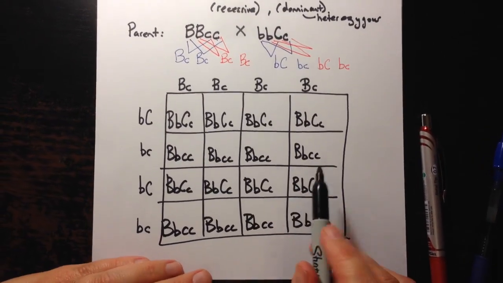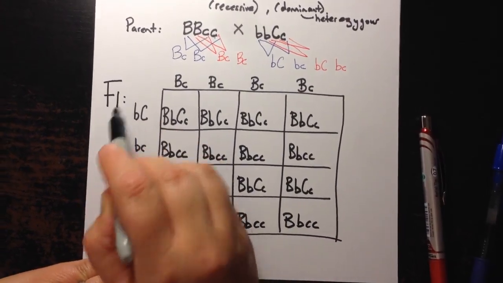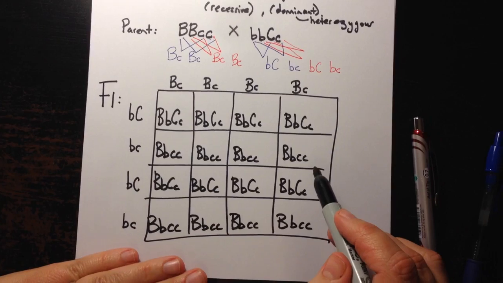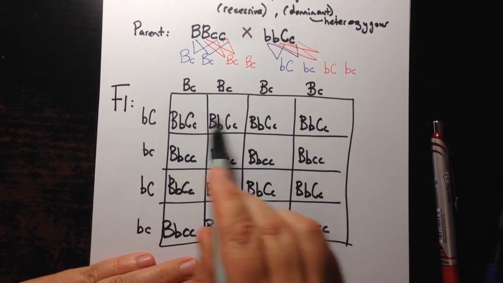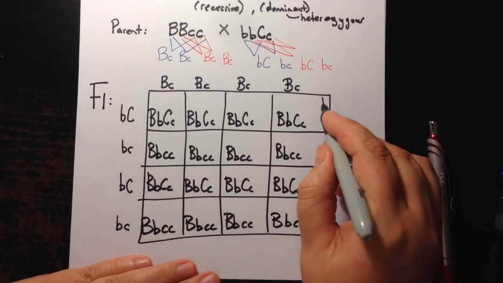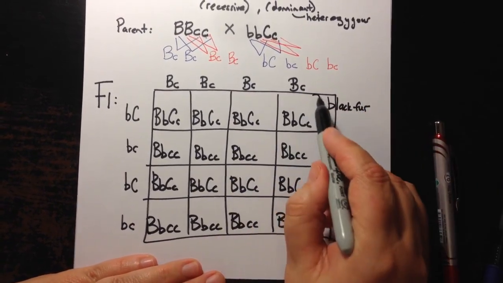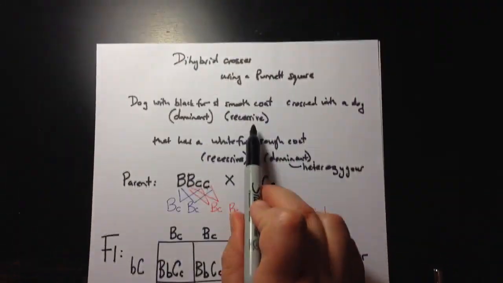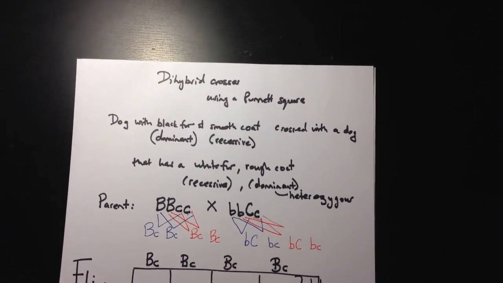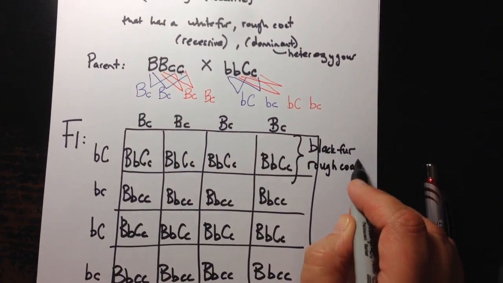So if you look here at what we have in this F1 generation, which is indicated in the Punnett square, you'll see that we have 4 dogs up here that have black fur, because that's the dominant trait, and they have not a smooth coat, but a rough coat, and they're heterozygous. So black fur with a rough coat.